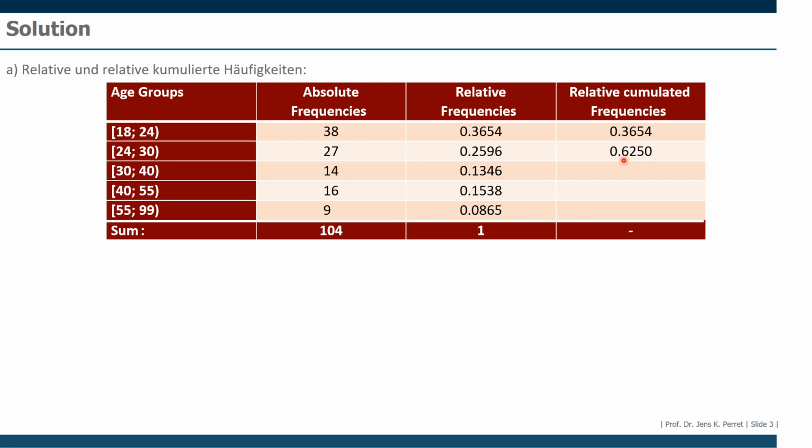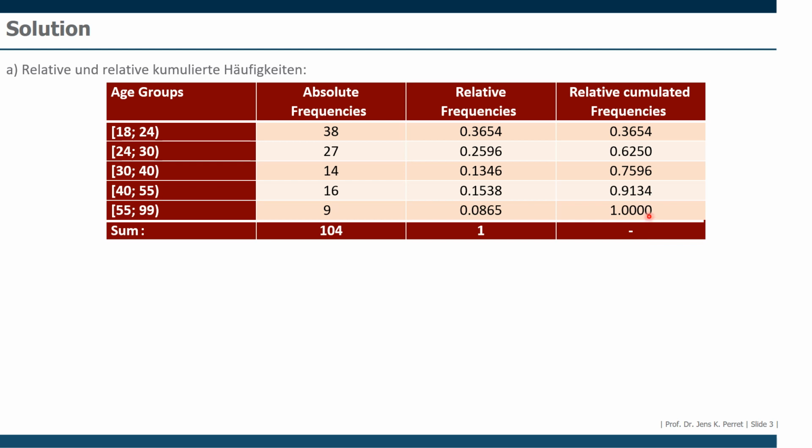So here we could go 62.5 plus 13.46, giving us this result. Then those more or less 76% plus the 15%, giving us this one. And finally, we're here as well with 1.0, or more or less 1.0.